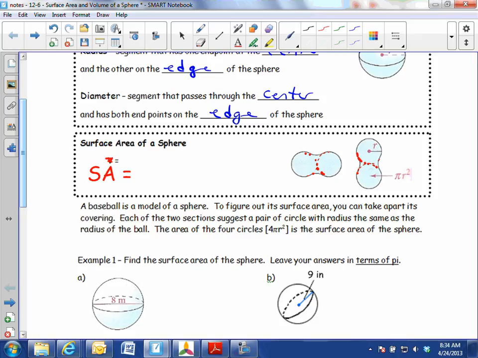Because these are kind of overlapping here, so if you take the area that's overlapping and spread it kind of here and here, we're actually going to get 4 circles. The area of 4 circles. Okay? So the surface area of a sphere, like the covering of a baseball or tennis ball, is actually 4 times pi r squared. 4 circles are what's needed to cover the surface of the sphere.